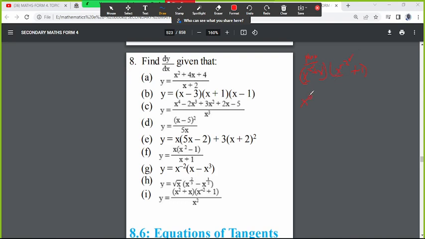0 plus x squared times 1, x squared. x times this one plus x, the base is the same, add the indices, negative 1, this times this one plus x.